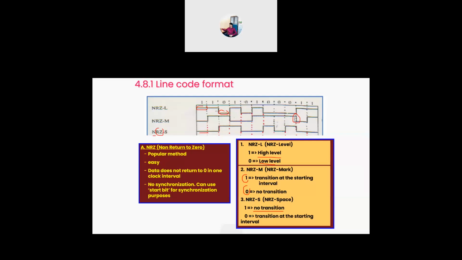So you see, this is your zero, for your NRZS. If you see the difference between NRZM and NRZS, it's just that the transition at the starting level takes place at binary bit 1 or binary bit 0.